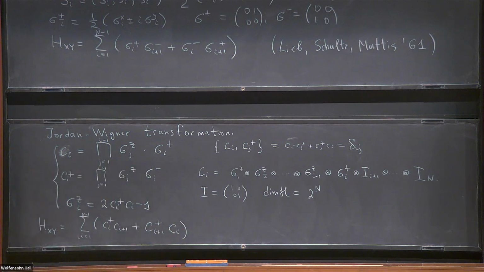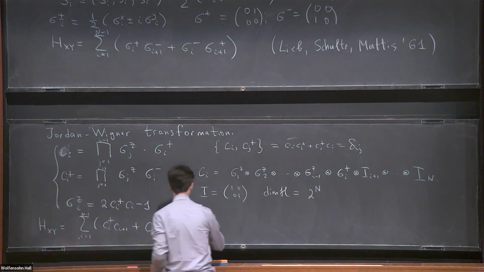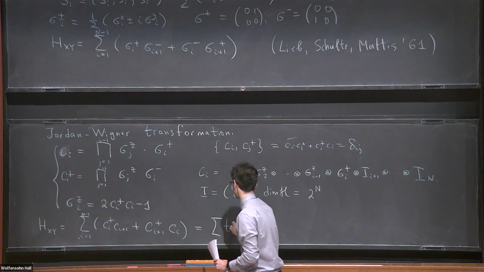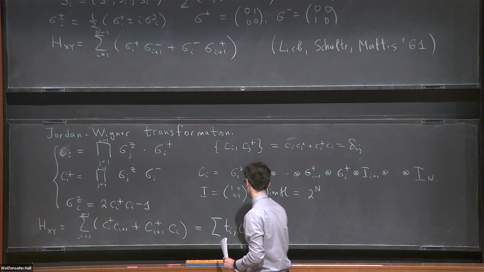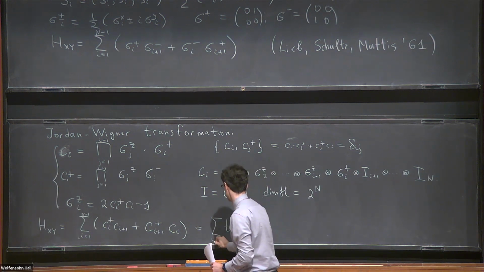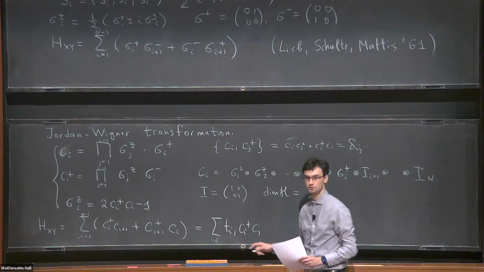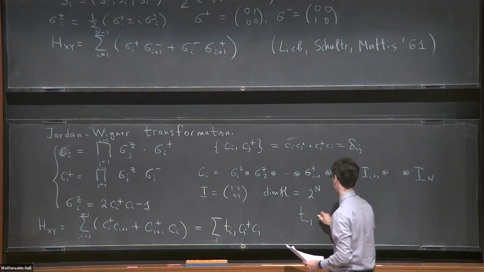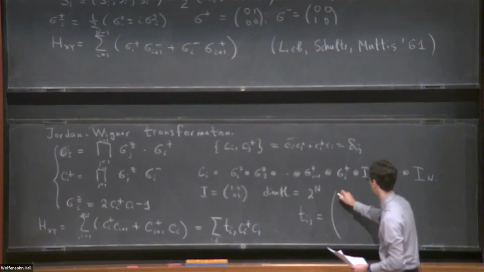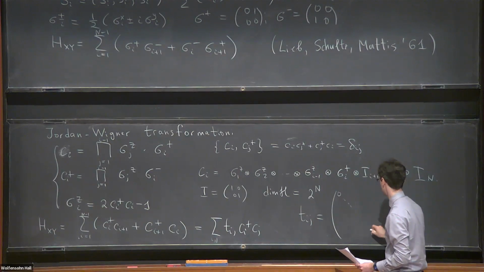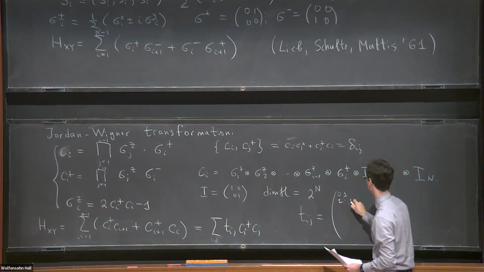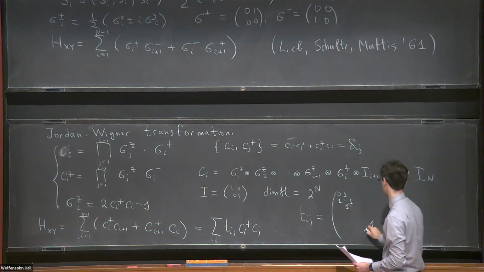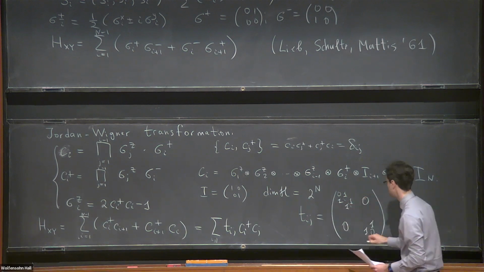It's quadratic in these fermionic operators, and I can write them as T_ij, c_i star c_j. I can introduce this matrix T_ij, which is an n by n matrix, which has 0 on the diagonal and 1 off diagonal, and 0 everywhere else.